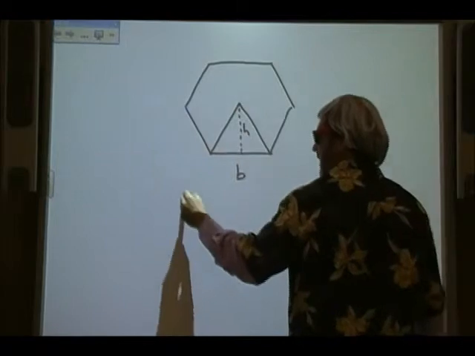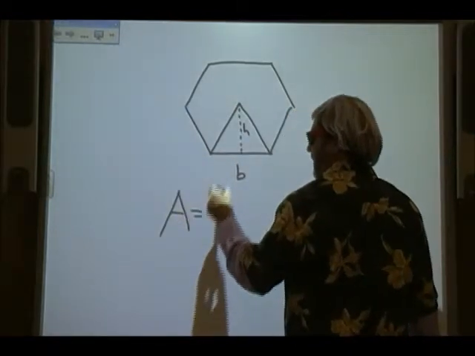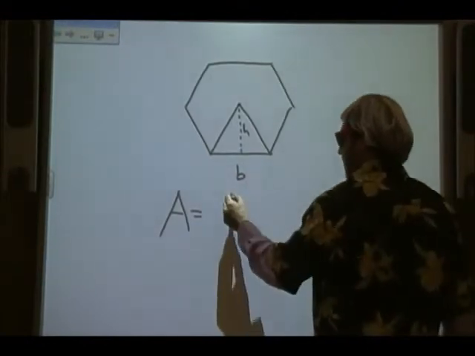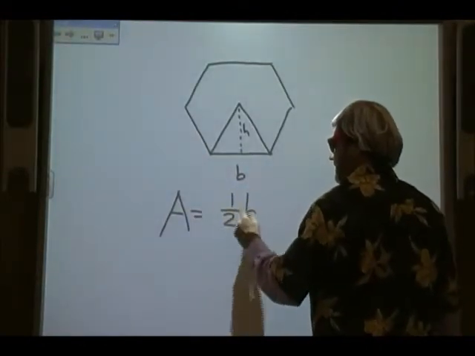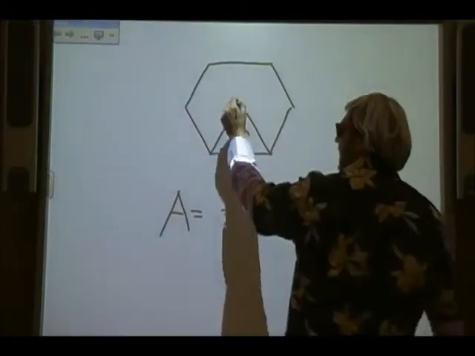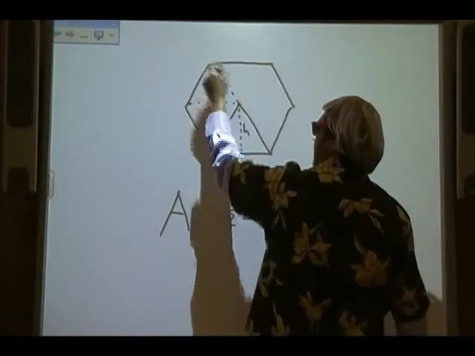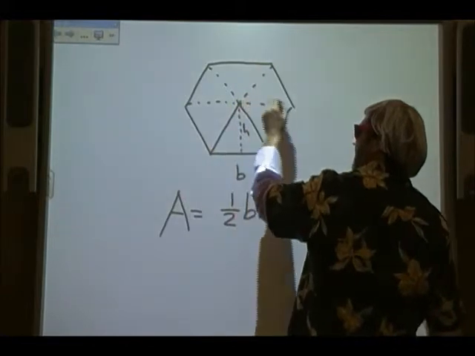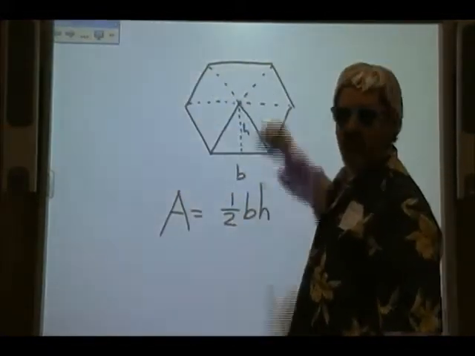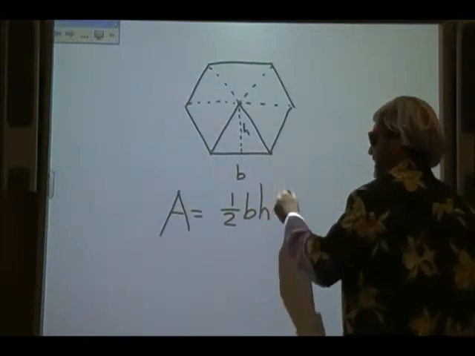And we know that the area for this triangle is 1/2 base times height. But that's for one. You have more than one. So you count up the number of triangles you have. We'll call it n.